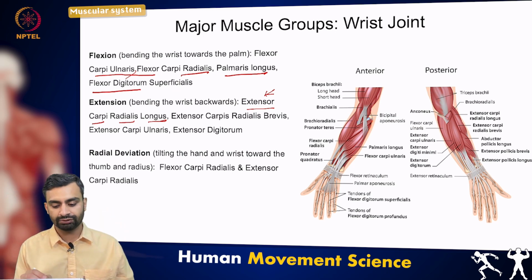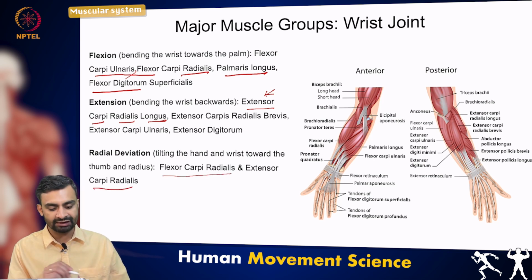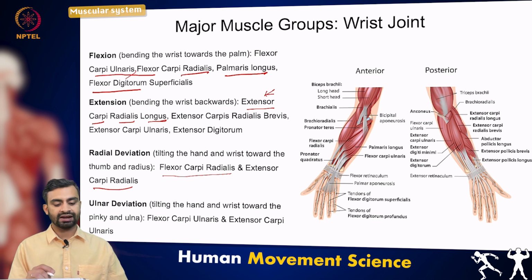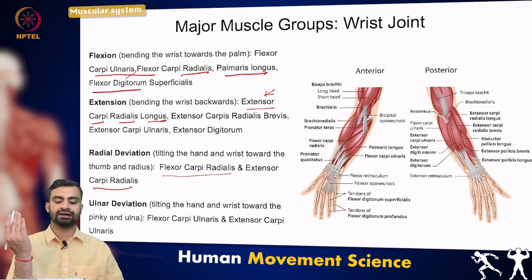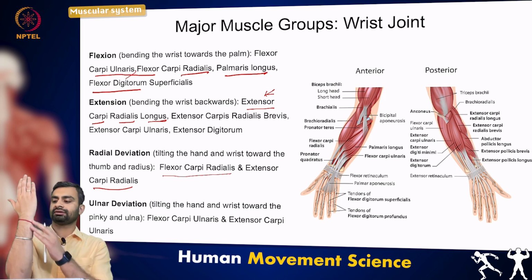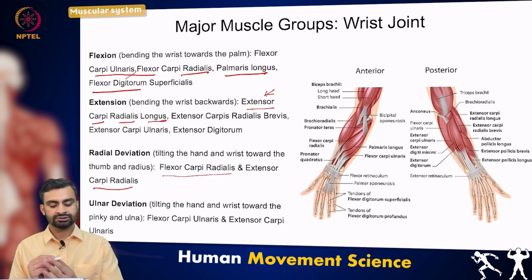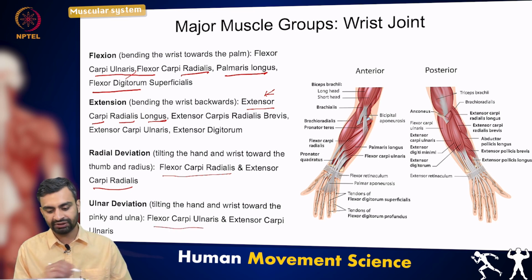It is being controlled by flexor carpi radialis and extensor carpi radialis. And finally, the ulnar deviation, where the hand and wrist tilt towards your pinky finger or the ulnar bone, which we have studied in our skeletal system. This movement is called ulnar deviation. It is being controlled by flexor carpi ulnaris and extensor carpi ulnaris.